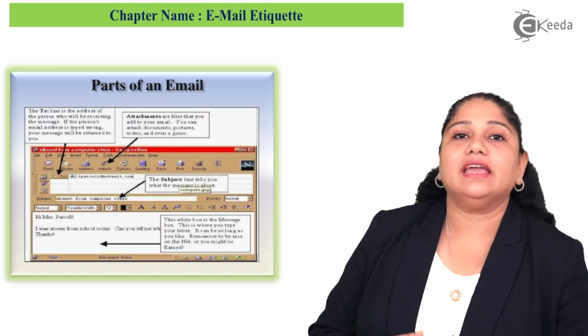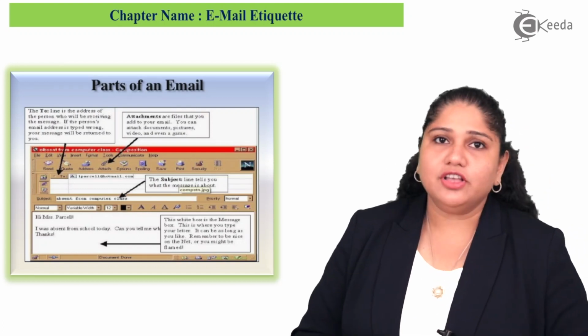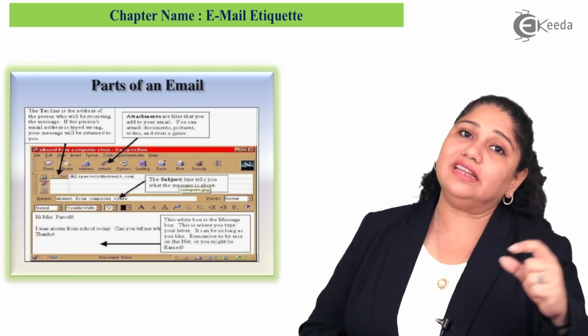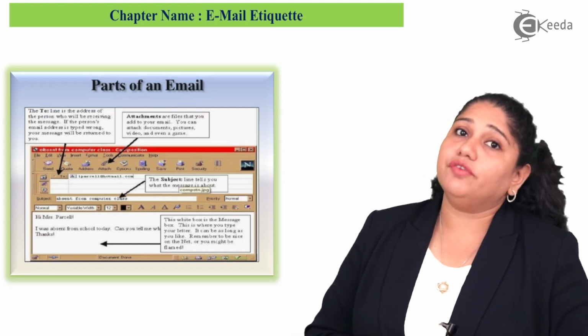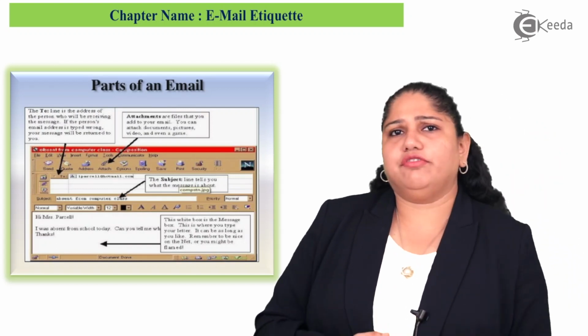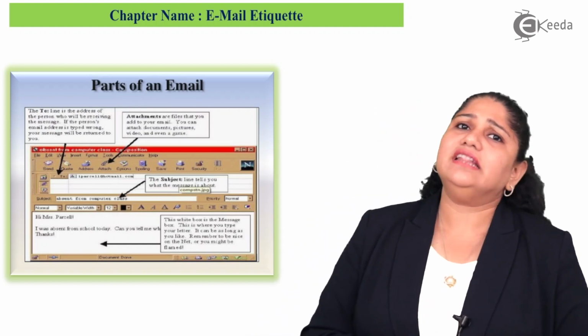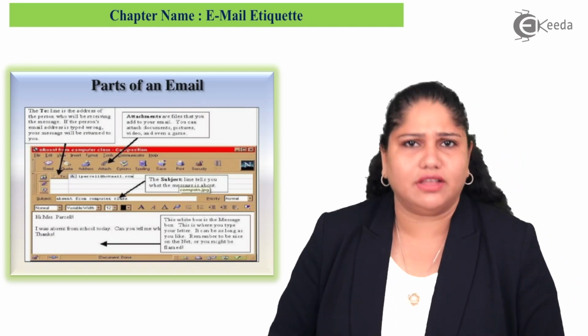So suppose I am sending an email to one of the companies for my profile or whatever, I have to definitely mention the profile email address so that it goes right in the email box of that particular person only. So definitely it's confidential because I don't want that information to go to any irrelevant person who is not really in the loop, or who is not really concerned with the topic.